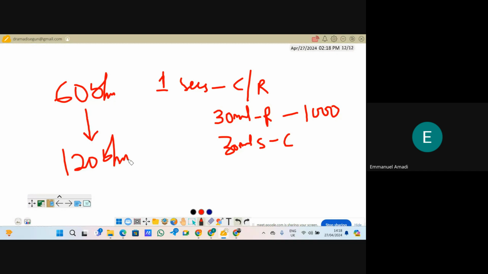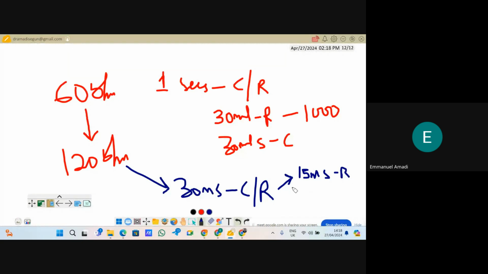What it simply means is that this heart will now have to be contracting once every half second. In that time, the heart will have to contract and it will have to relax. If you probe that further, it simply means the heart has a quarter of a second to relax, and another quarter to contract.